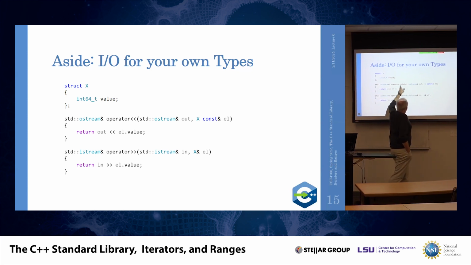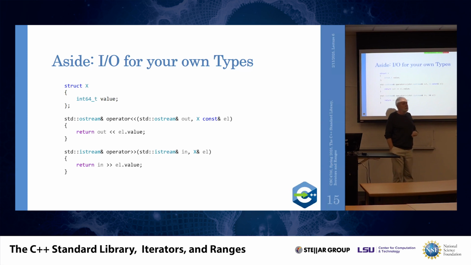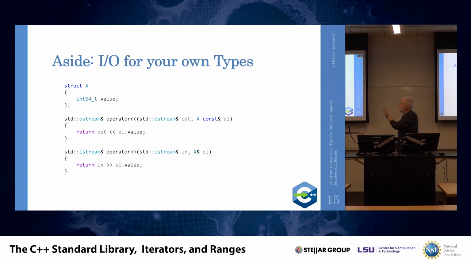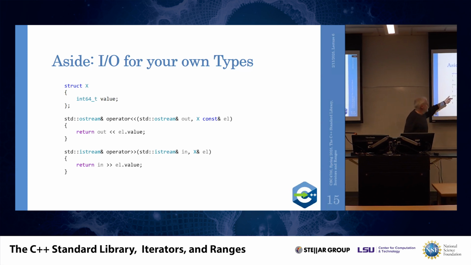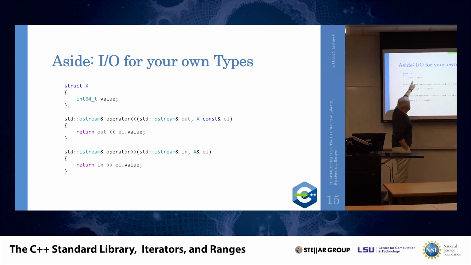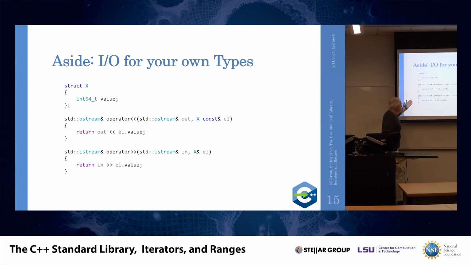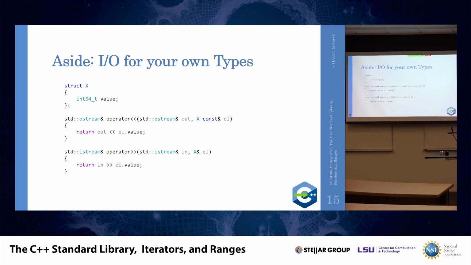Whenever an ostream is used with left shift and one of those x's, this function will be called. So whenever I want to write an x to the output stream, this function will be used, and all it does, it writes the value that is stored in the x. The opposite works as well, so you can do that same for the input streaming.